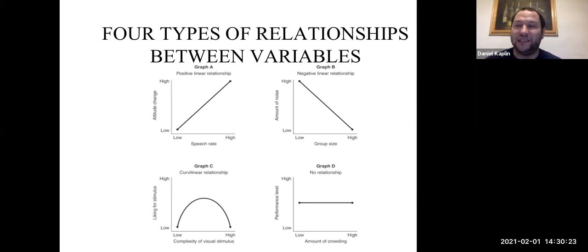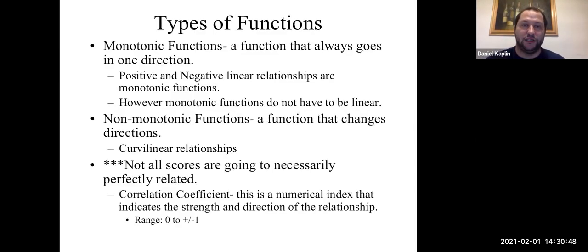And no correlation is actually depicted in two ways. The most common way is on the slide, which is a flat line. But there is another way to depict no systematic relationship between variables, which is just drawing a circle around the scatter plot of dots. So whether it be a flat line or a circle, these are the two ways to depict no relationship.